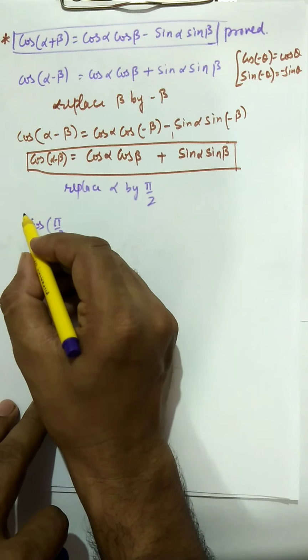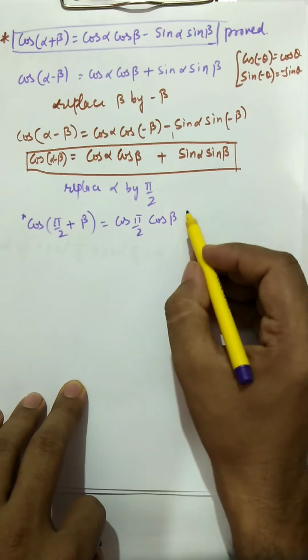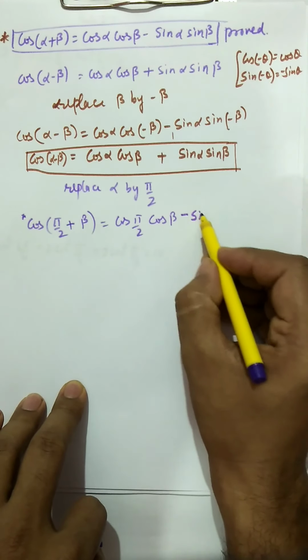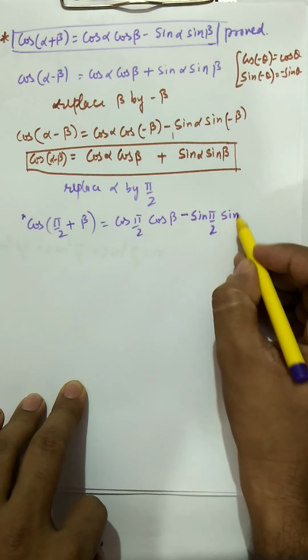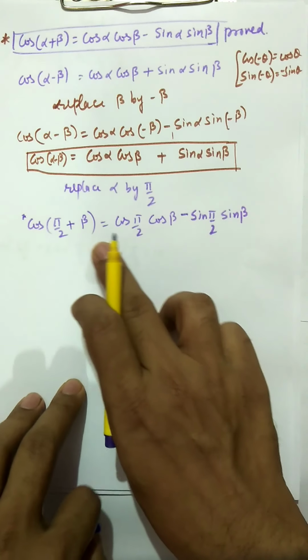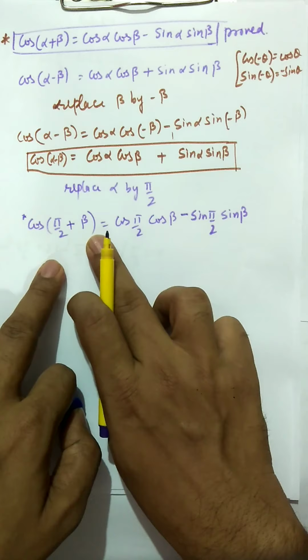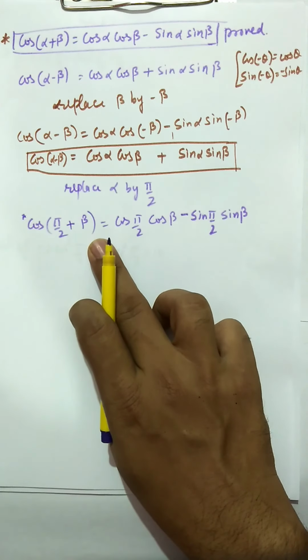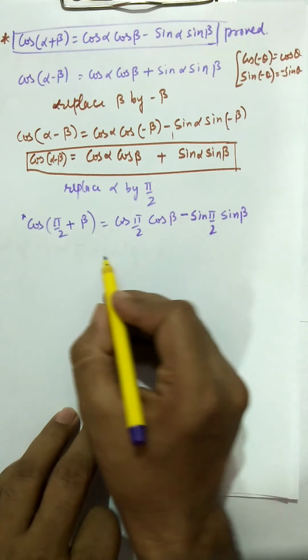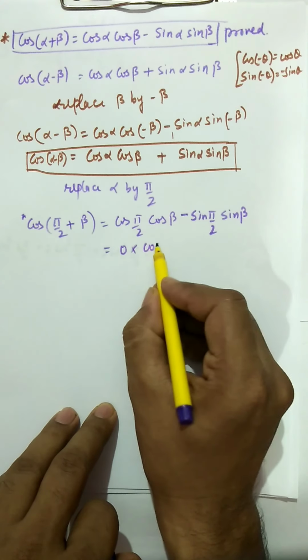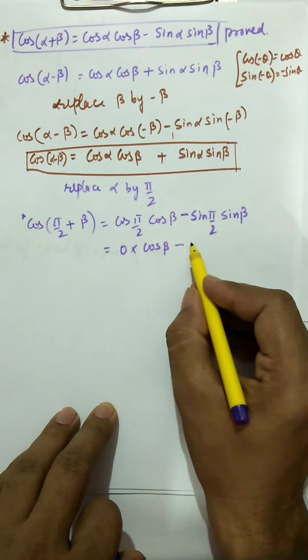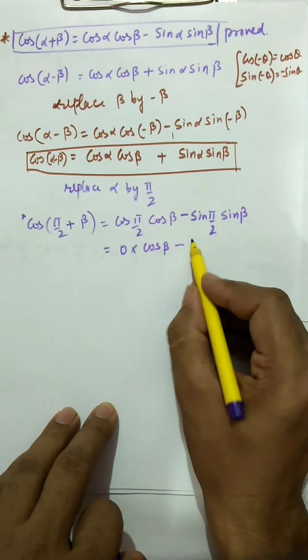This is cos pi by 2, and this is going to be cos beta minus sin pi by 2, and this is going to be sin beta. So you know that cos 90 plus theta is minus sin theta. You see how it comes. Cos pi by 2 is 0, so 0 into cos beta, and sin pi by 2 is 1, and this is sin beta.